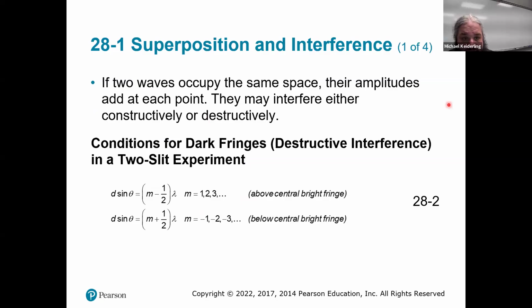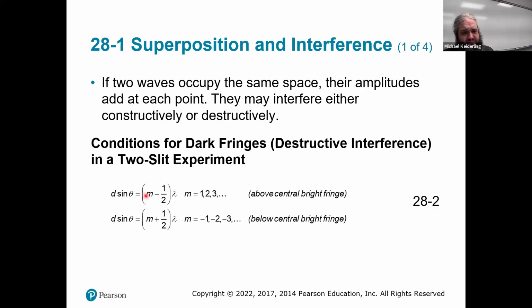So, when two waves occupy the same space, their amplitudes add at every point. They can interfere either constructively or destructively. So if you have two waves that are half a wavelength apart meeting, so this is the difference in distance two waves from the same source travel.